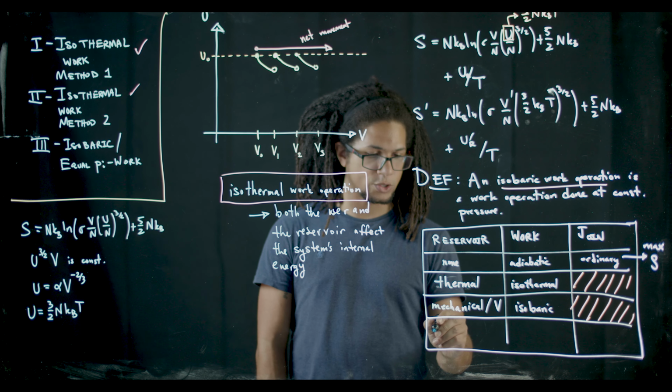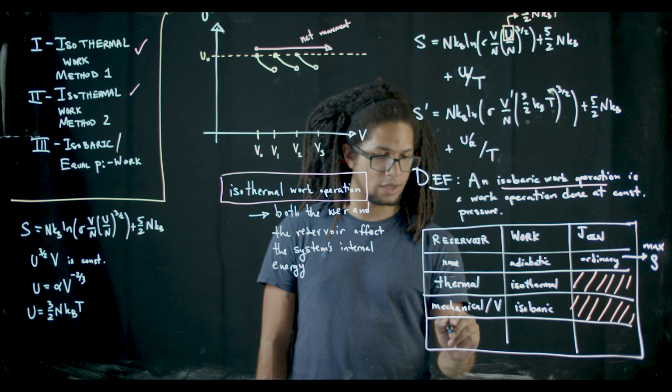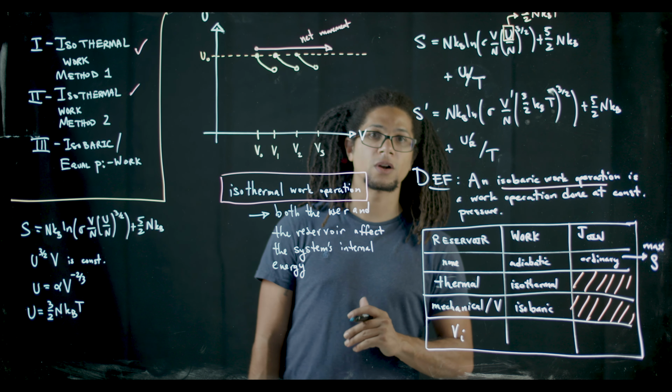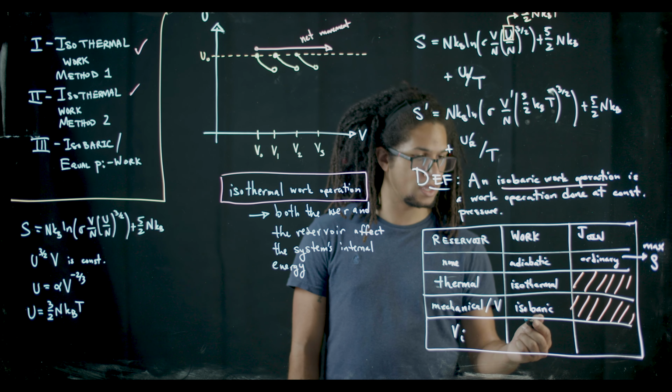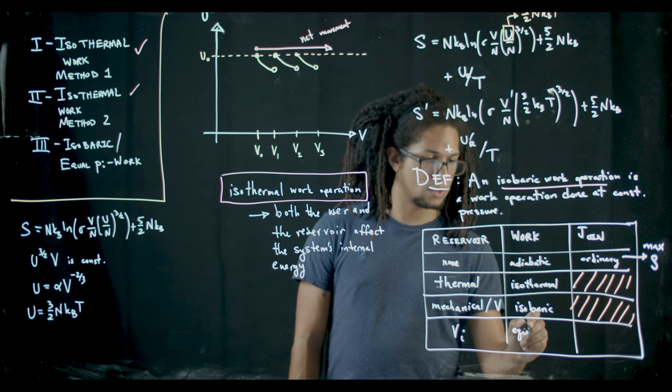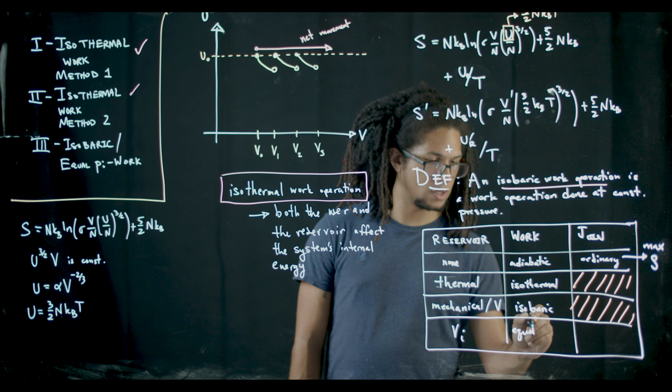Finally, we see that we can also have just any VI reservoir induce a type of work operation done at that constant PI. So this we would call equal PI.